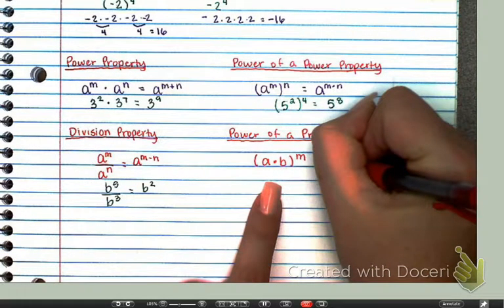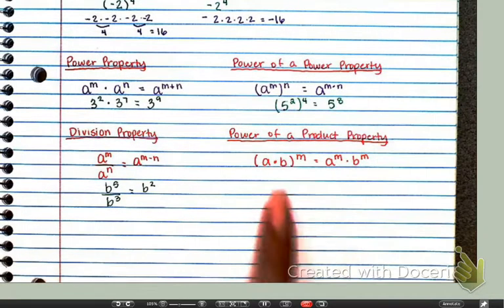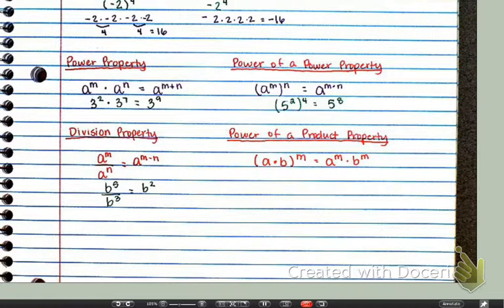So it would be a to the m times b to the m. So if the bases are different, you attach the exponent.